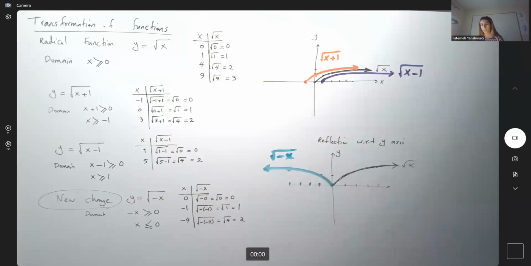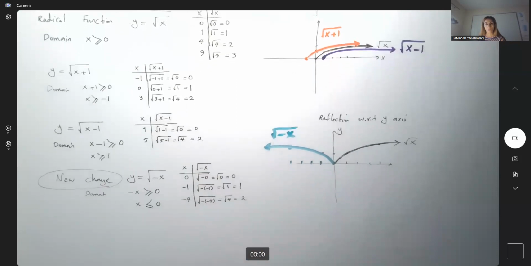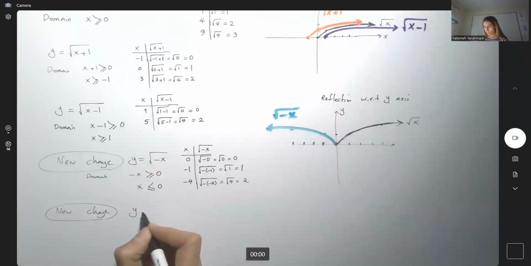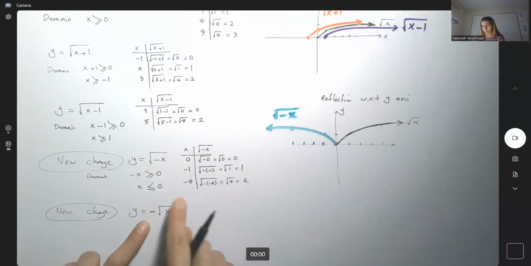My vertical line is the y-axis. Now I expect you to ask, what if this negative sign was outside the radical? Another new change for you. If y was minus square root of x, I multiply my function by a negative sign.